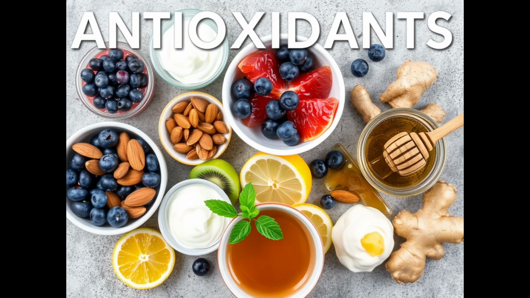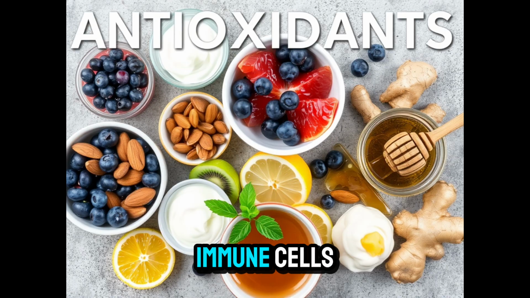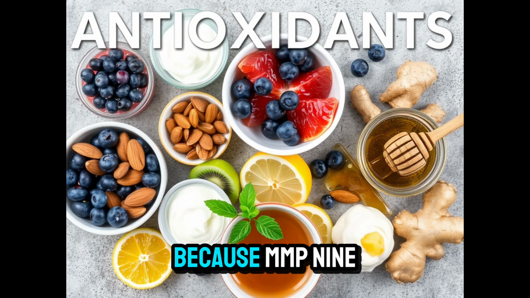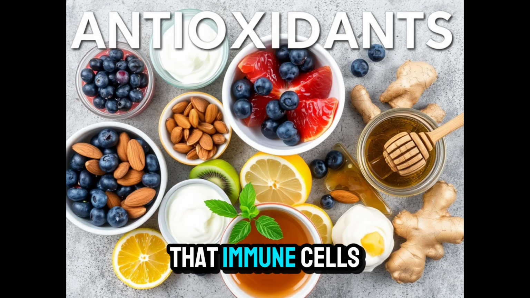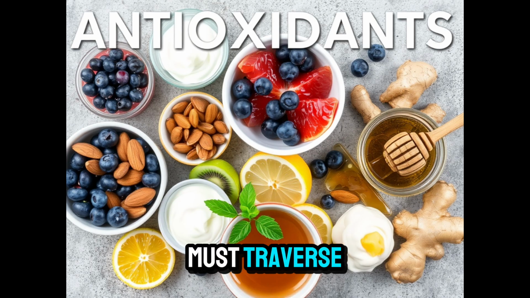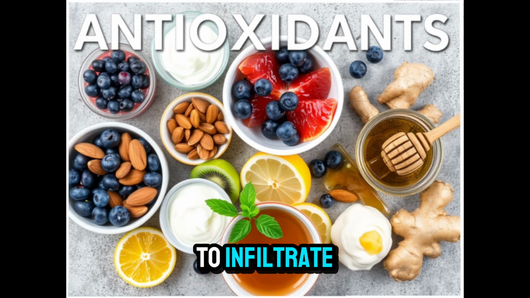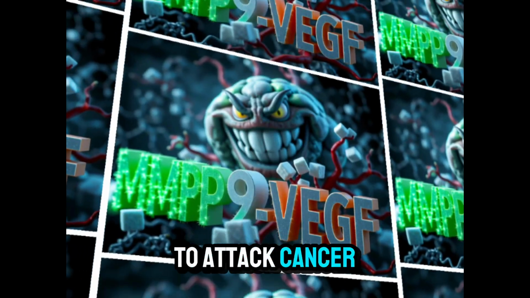And this actually ends up helping tumors evade immune cells because MMP9 disrupts collagen barriers that immune cells must traverse. Since the ECM is where the immune cells have to enter or to infiltrate to attack cancer cells.